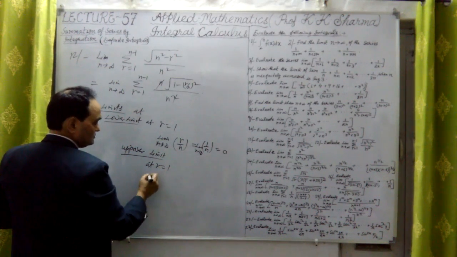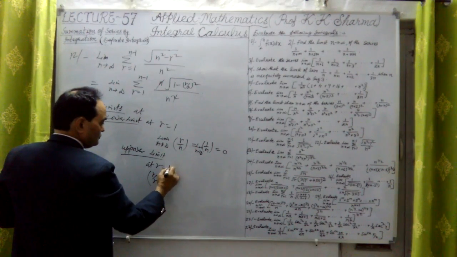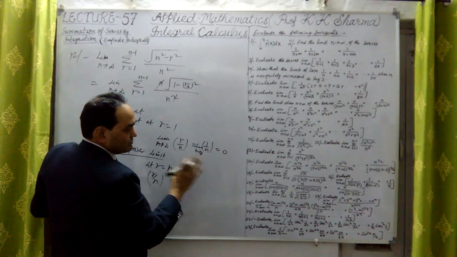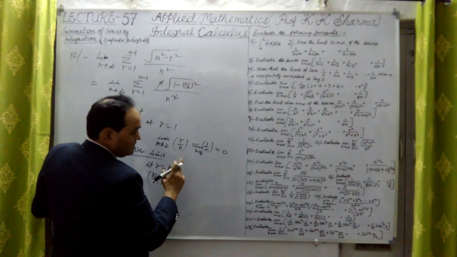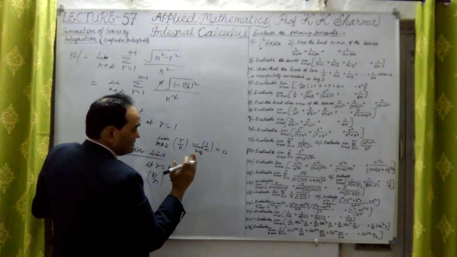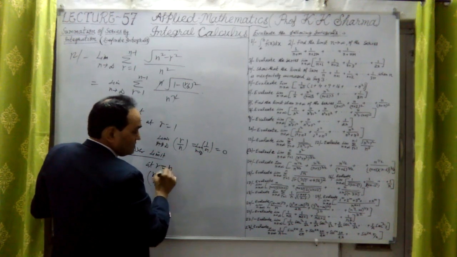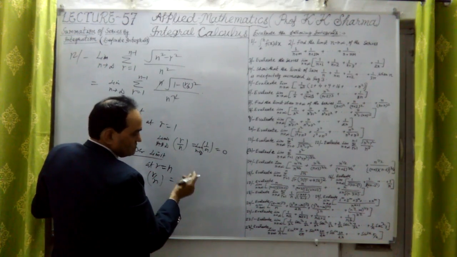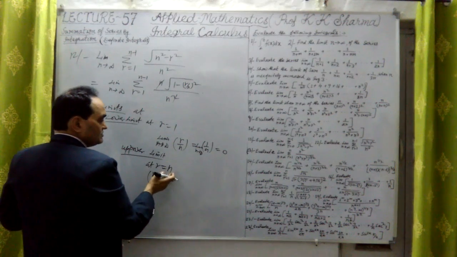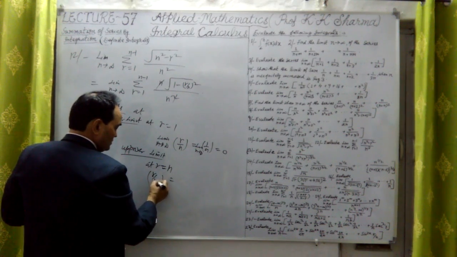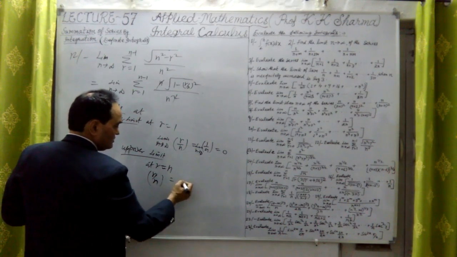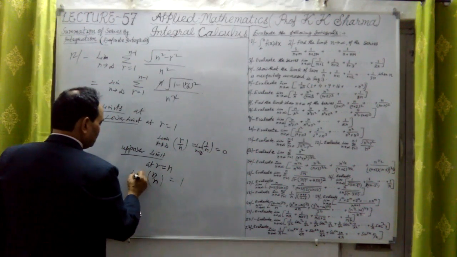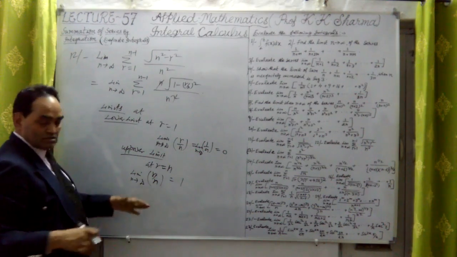At r equal to n, it is n upon n, which is 1. Whether we add any number of terms doesn't matter, because it is a definite integral when n tends to infinity, and a finite range of numbers between a to b, 0 to 1, so we can write the other limit as n or n minus 1, it doesn't change the answer. So the upper limit is 1, the lower limit is 0. So the limits are again 0 to 1.